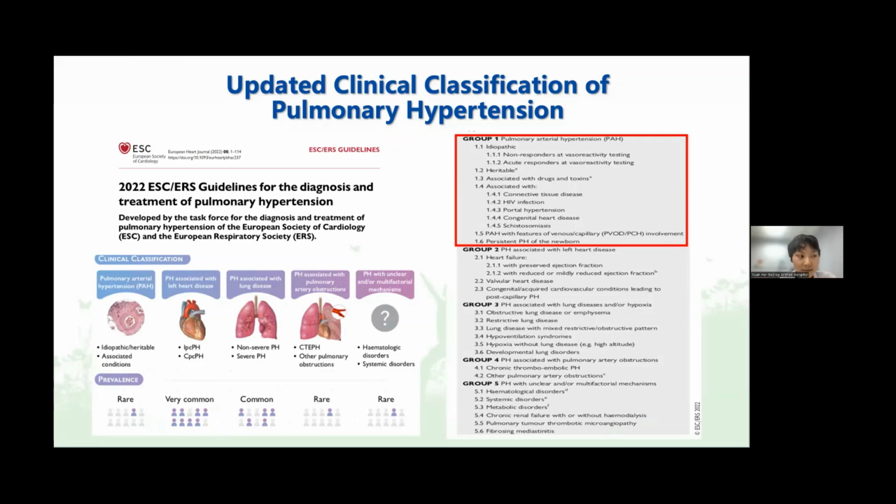A comprehensive and simplified version of the clinical classification of PH in children and adults is presented in this table. In most PH registries, IPH, which is idiopathic PH, was the most common type, followed by PH associated with connective tissue disease, congenital heart disease, and portal hypertension.